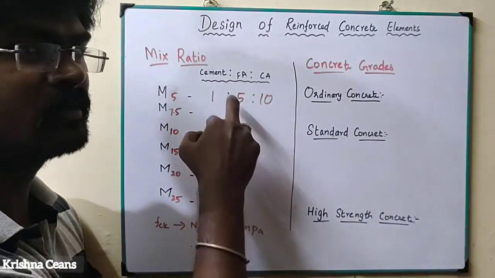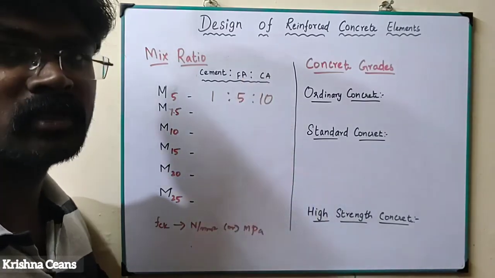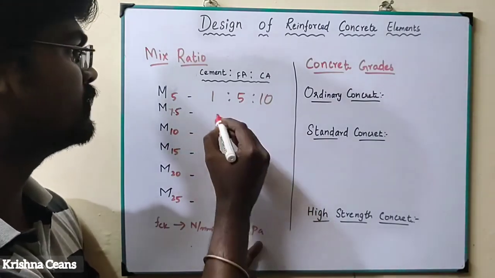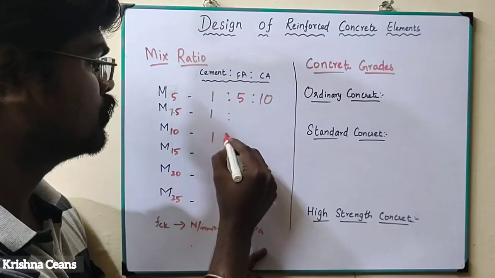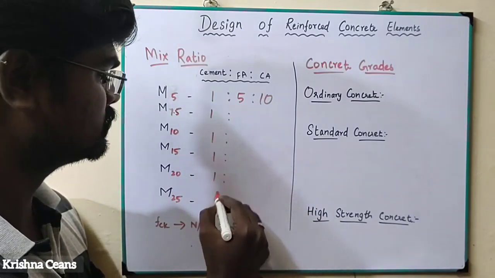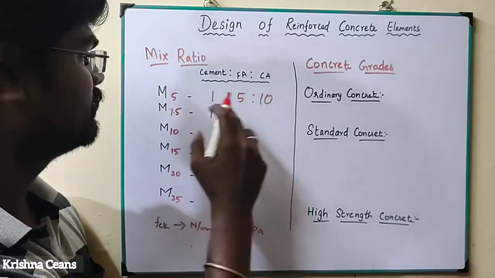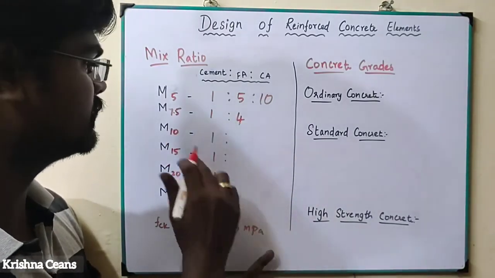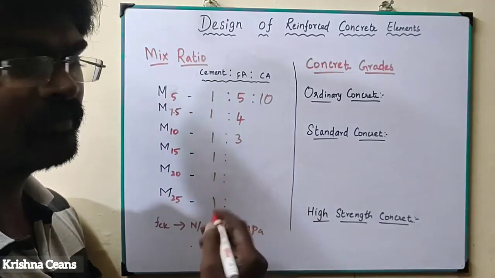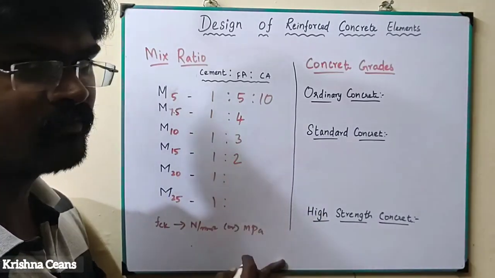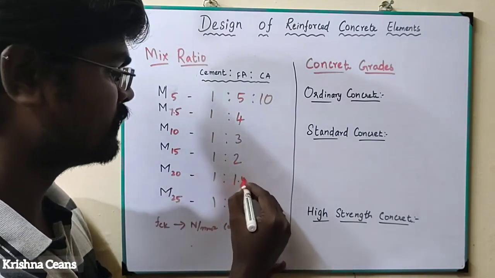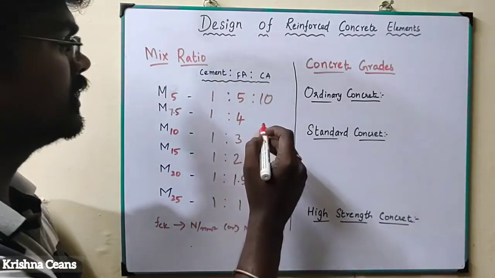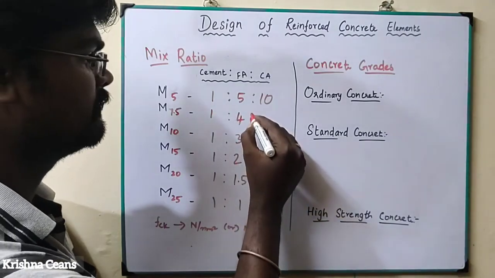For cement we always take 1 part only. We reduce the fine aggregate by 1 each time: for M7.5, 4 parts of fine aggregate; M10, 3 parts; M15, 2 parts; M20, 1.5 parts; M25, 1 part. Similarly, the coarse aggregate is twice the fine aggregate, so we can easily remember it.